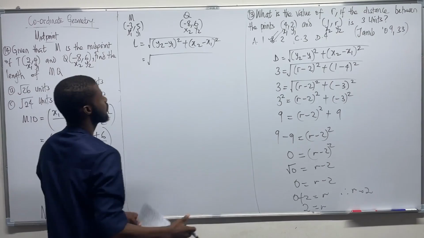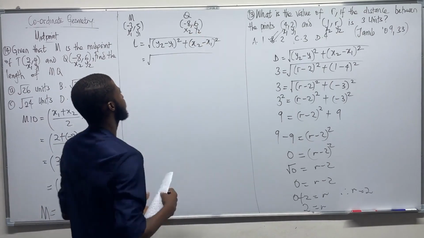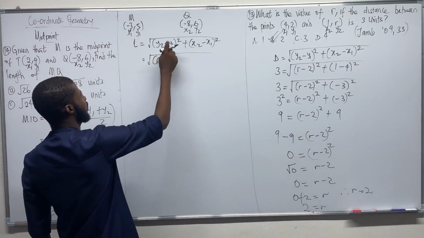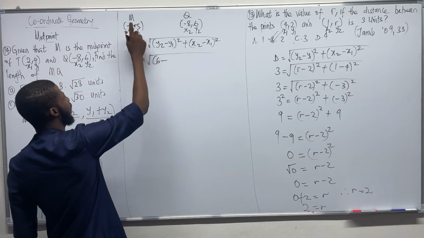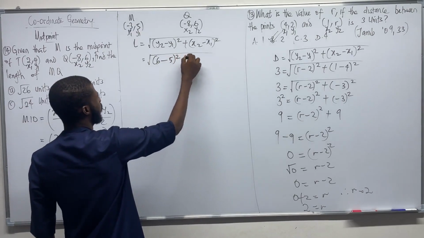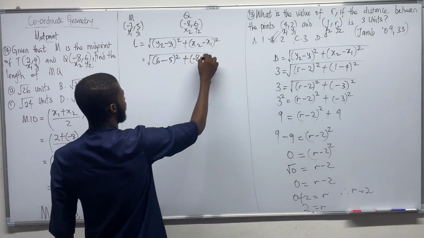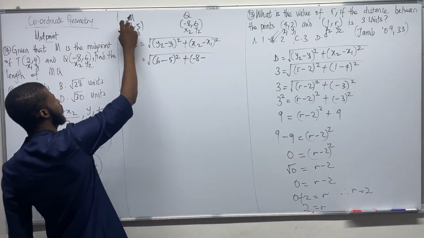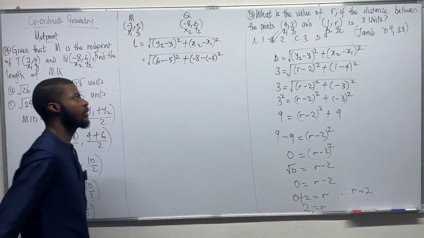So what is y2? y2 is 6. Take away what is y1? y1 is 5. Plus, what is x2? x2 is minus 8. Minus what is x1? x1 is minus 3. So this is all squared.